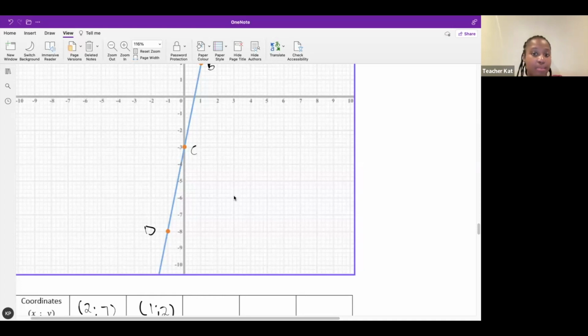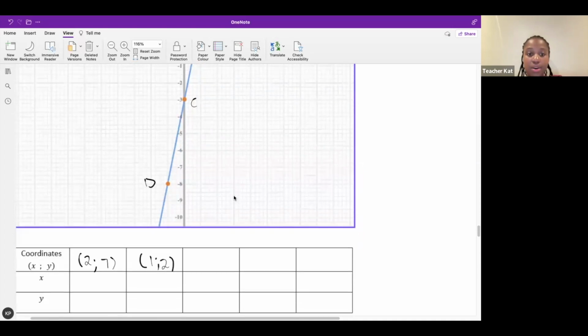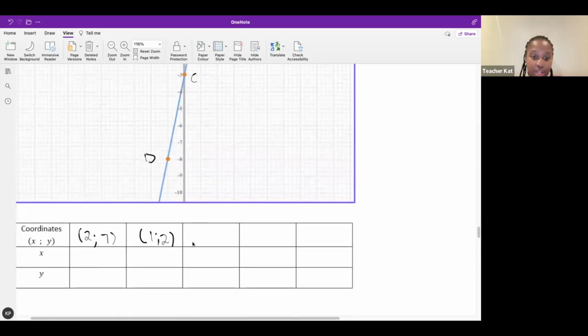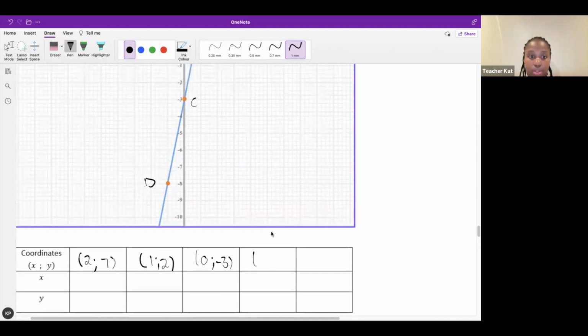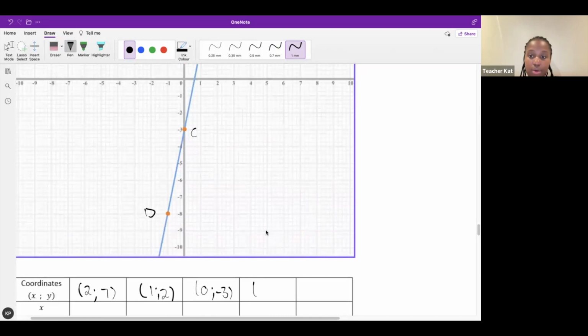Okay. My coordinates for C. Nice. That is 0 and -3. And my coordinates for D. Whoop, I should probably move up so you can see. There we go.